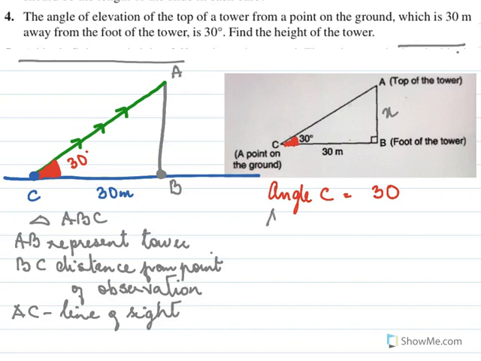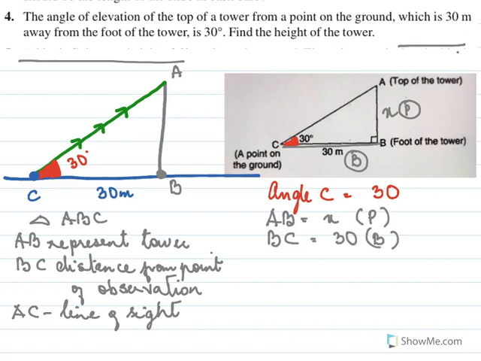So we write AB. AB is X, which in this case is perpendicular. You'll agree AB is perpendicular. And this BC is the base. Given to us is BC, which is 30, and this is the base.